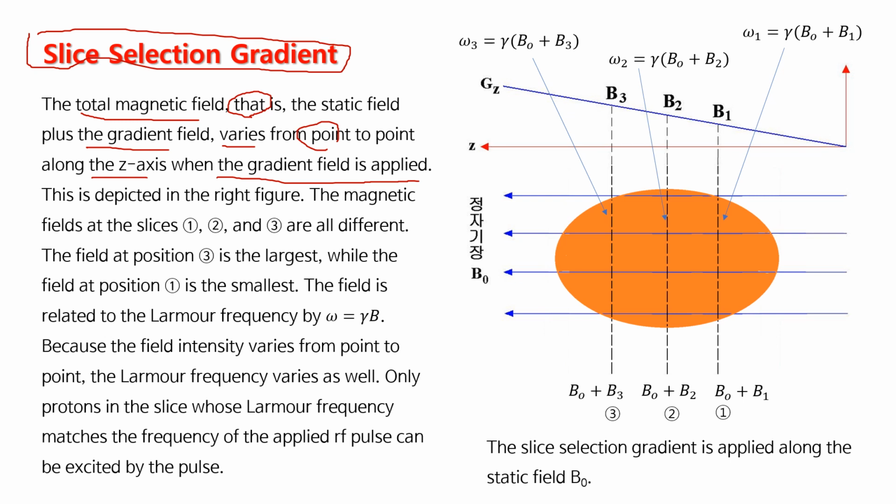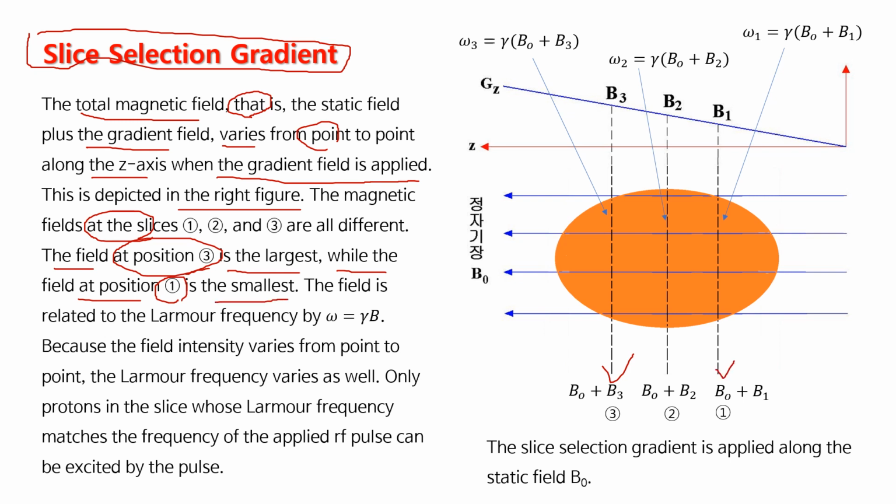This is depicted in the right figure. The magnetic fields at the slices 1, 2, and 3 are all different. The field at position 3 here is the largest, while the field at position 1 is the smallest.